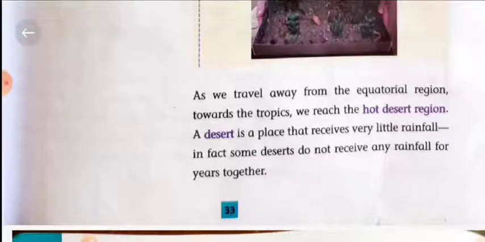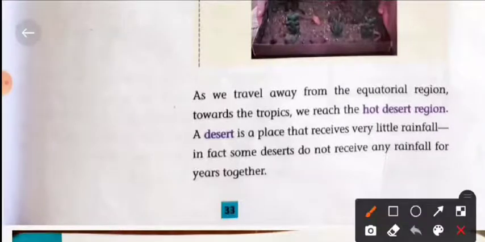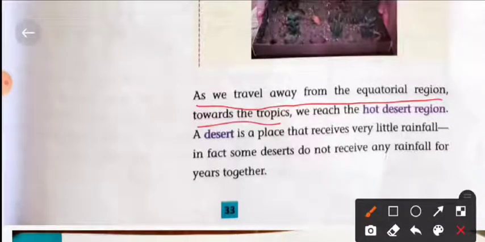As we travel away from the equatorial region toward the tropics, we reach the hot desert region. Look at this sentence: as we travel away from the equatorial region toward the tropics, we reach the hot desert region.